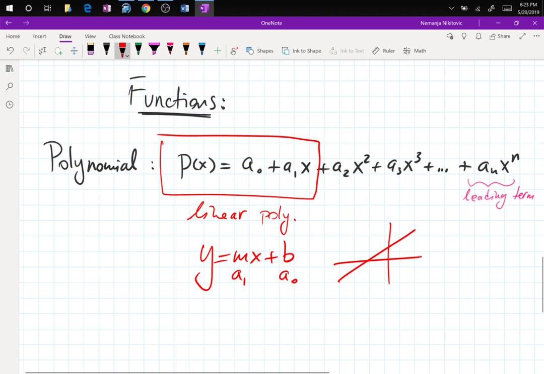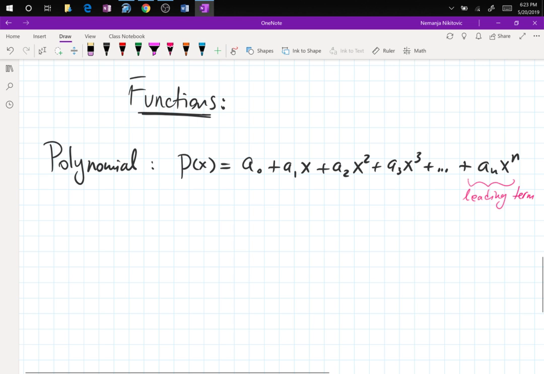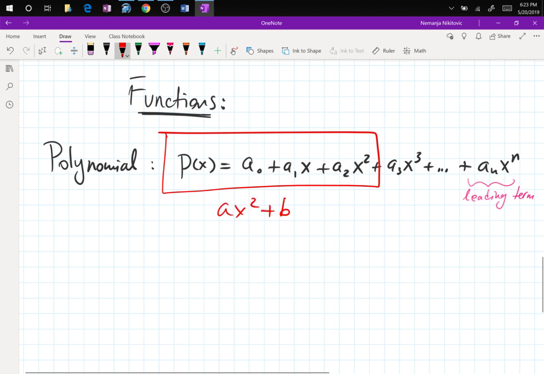So that's what we have there. We can include another term. What do we have then? Quadratic, ax squared plus bx plus c, and we get that parabola shape.